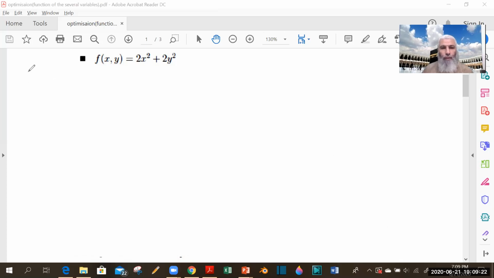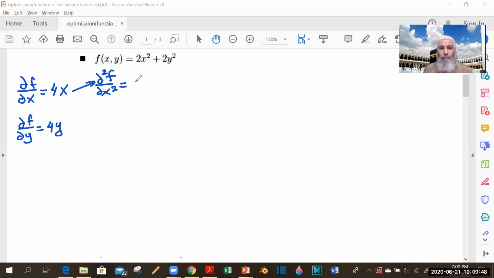Bismillah. First step, we will find df dx. With respect to x, it would be 4x. And df dy would be 4y. And we need to find d squared f dx squared, and it would be 4.